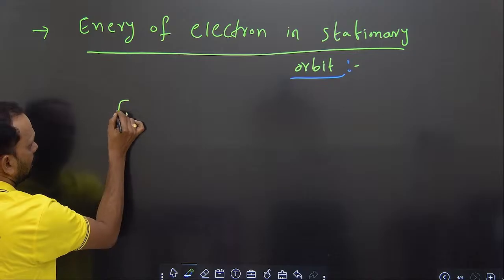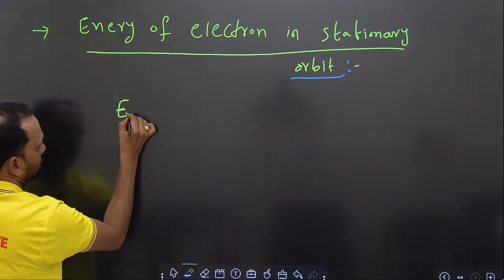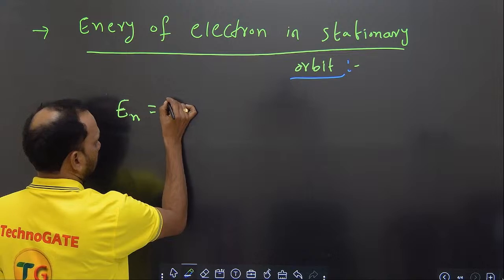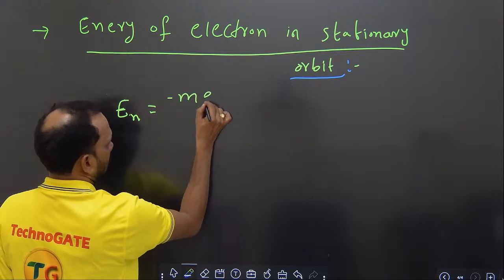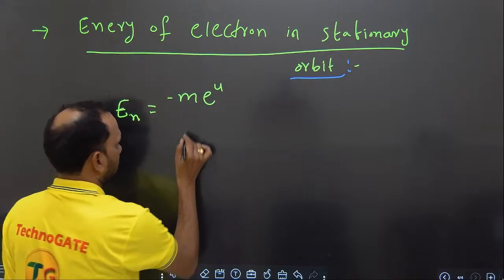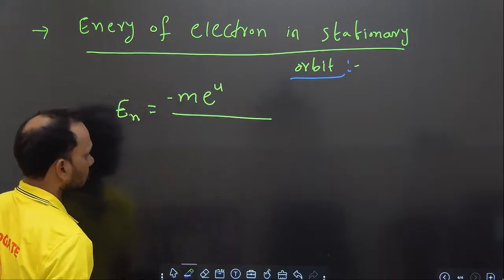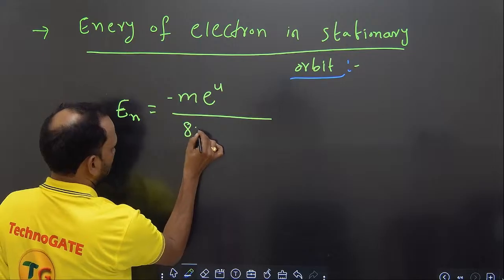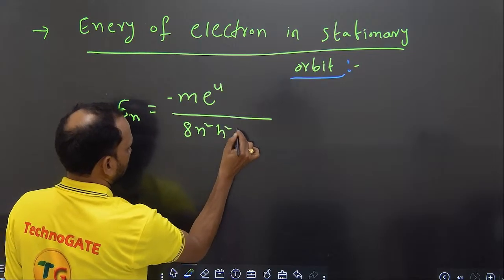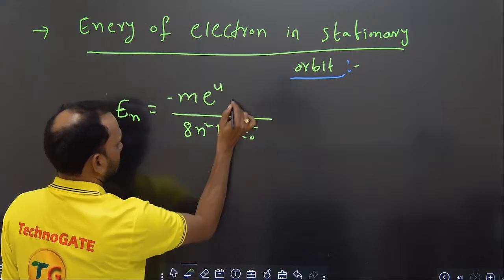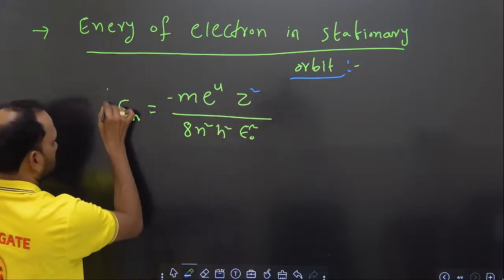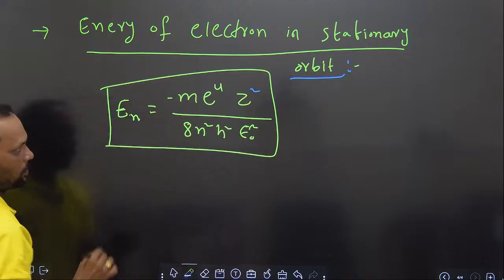We know that En is equal to minus m e power 4 by 8 n square h square epsilon naught square, or we can say, minus m e power 4 z square.